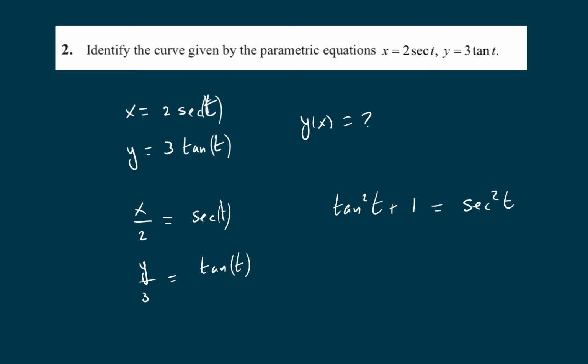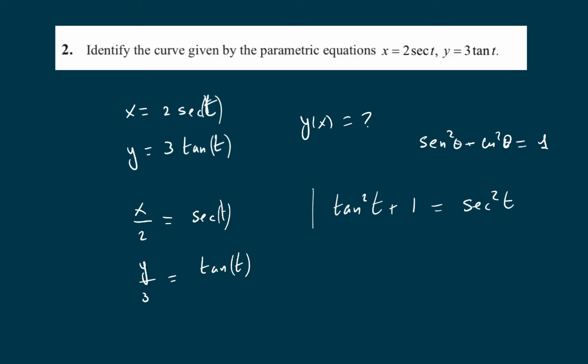This comes from the fundamental trigonometric equation sine squared of t plus cosine squared of t equals 1. If you divide by cosine squared of t, you will find this equation.